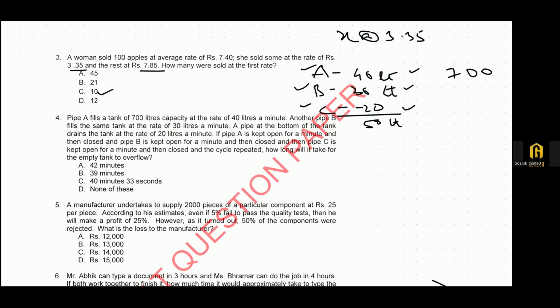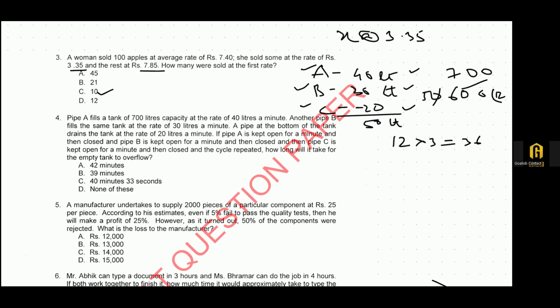So let's not take 700, let's take 600. Divide 600 by 50. You will get 12. So one cycle is of 3 minutes. So in 12 cycles, that means 12 into 3 minutes, 36 minutes, we'll be able to fill the tank up to 600 liters.